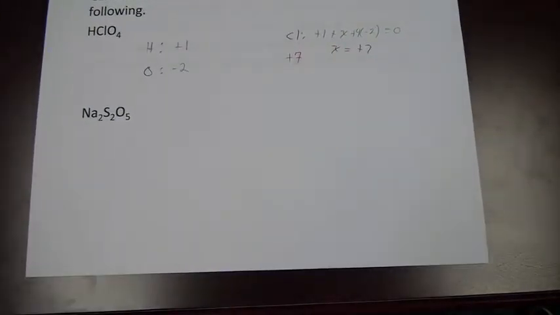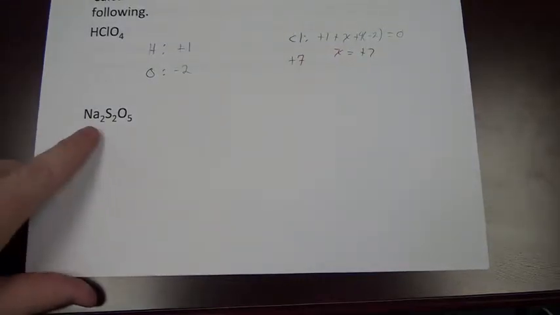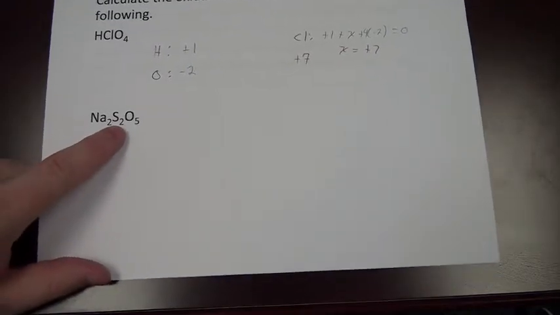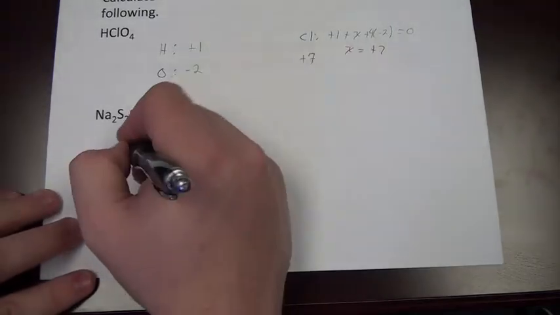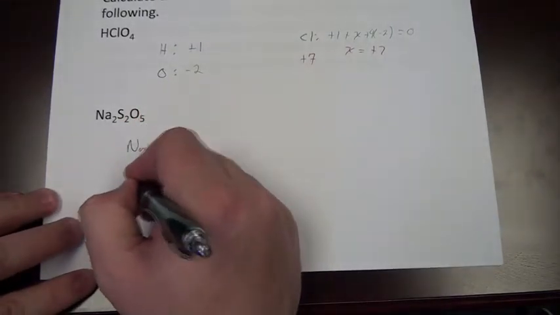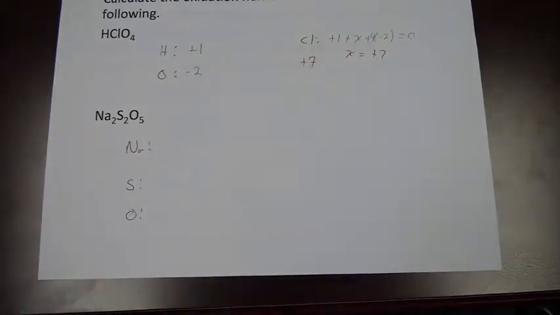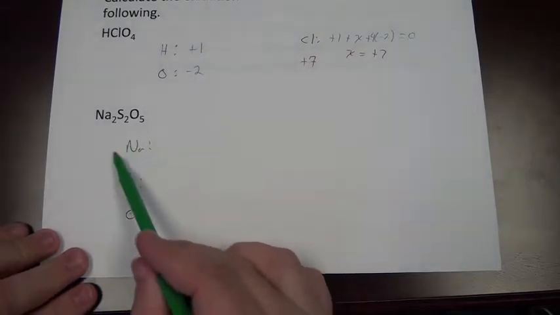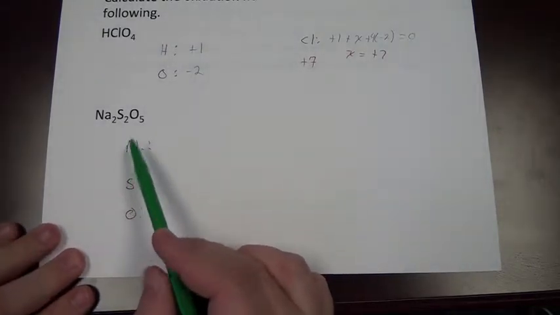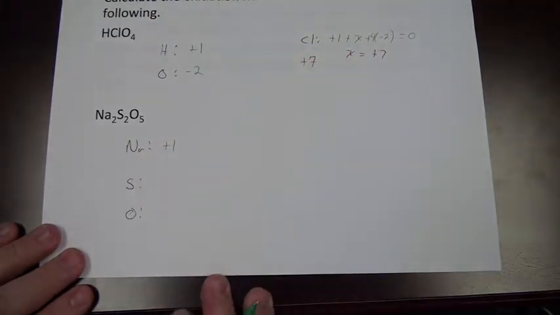We can do something very similar for the sodium thiosulfate here, Na2S2O5. Again, we're going to try to find the oxidation numbers for sodium, sulfur, and oxygen. From the rules, we know that sodium, because it's an alkali metal, always has a +1 charge and a +1 oxidation number.